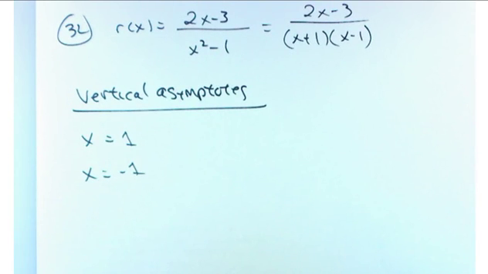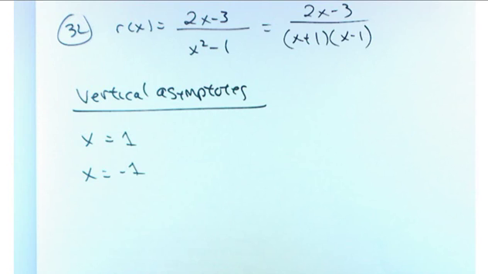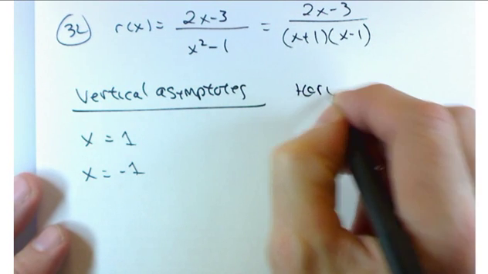They're completely different graphs. So I'll try to remind you to give me an equation, but this is what I want when I'm asking for the vertical asymptotes. Please don't just give me a 1 or negative 1. You might lose some credit. How about the horizontal?